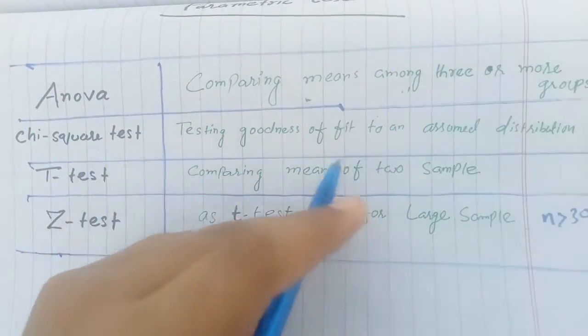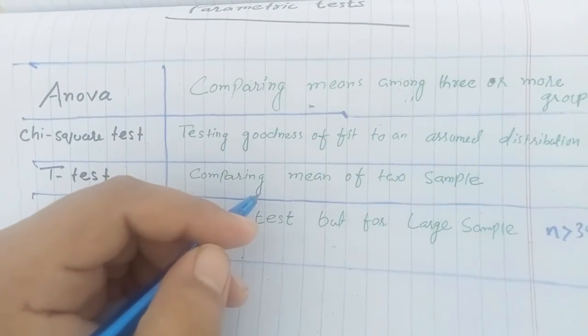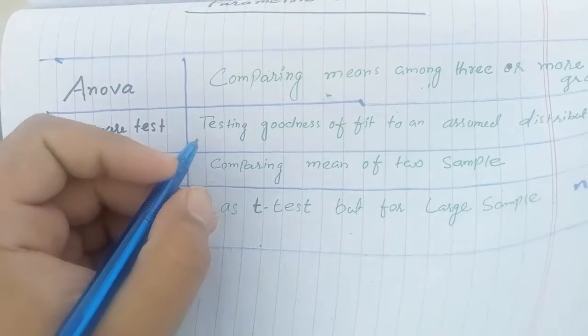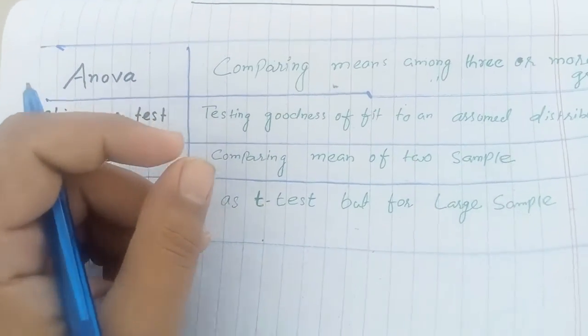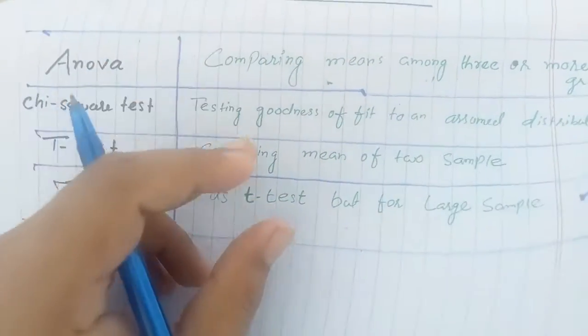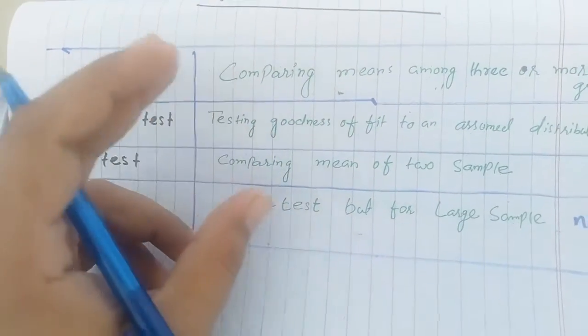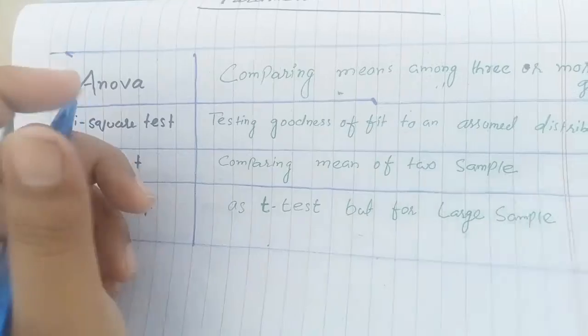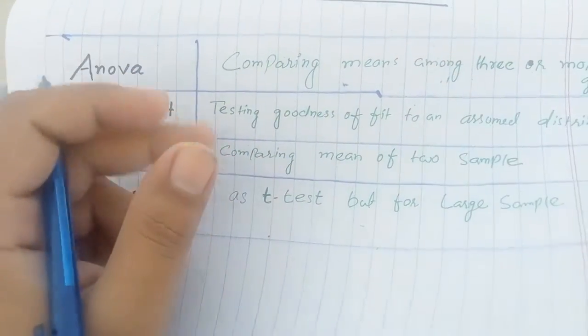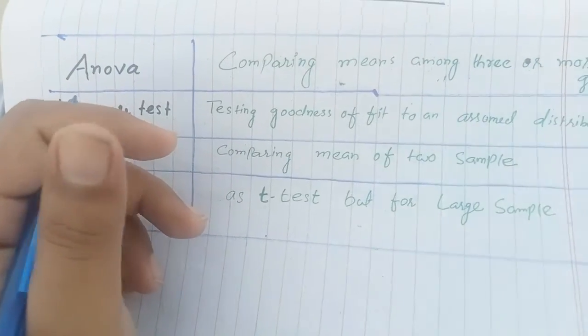Another application of the chi-square test is to check the independence, or the relationship, between two categorical variables.